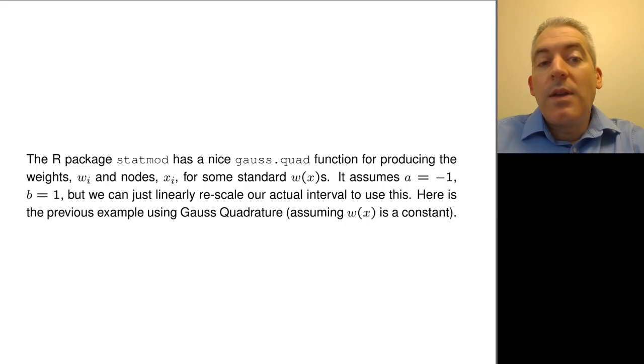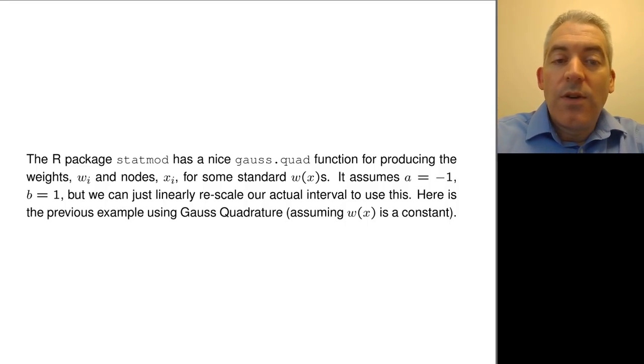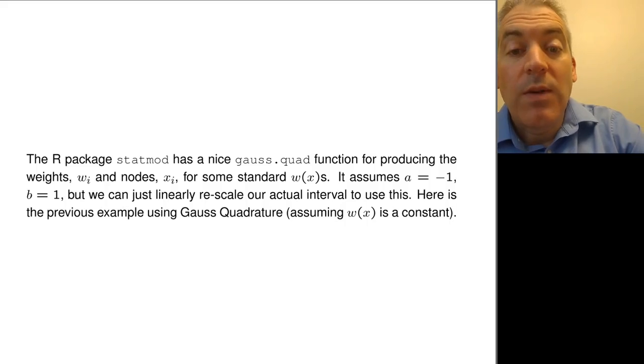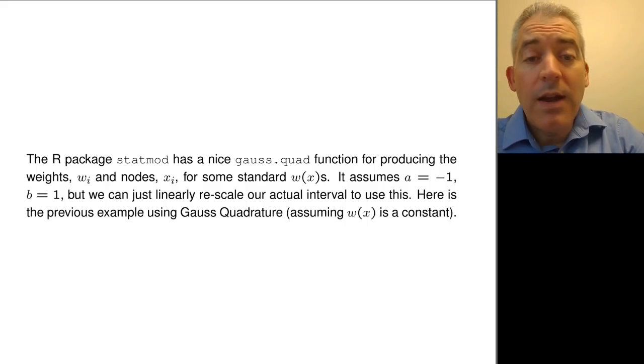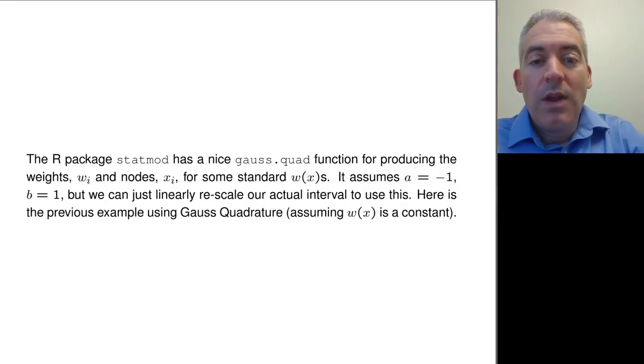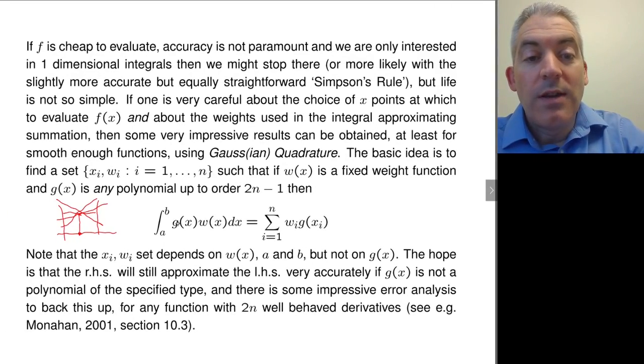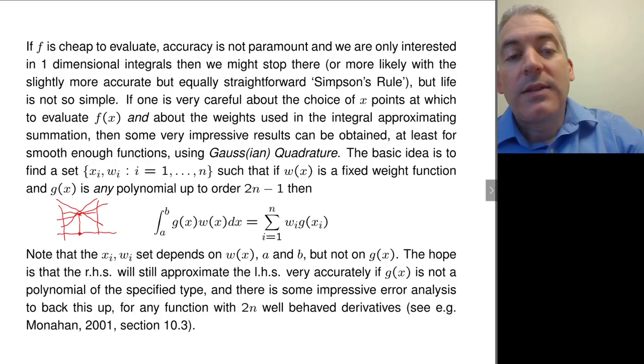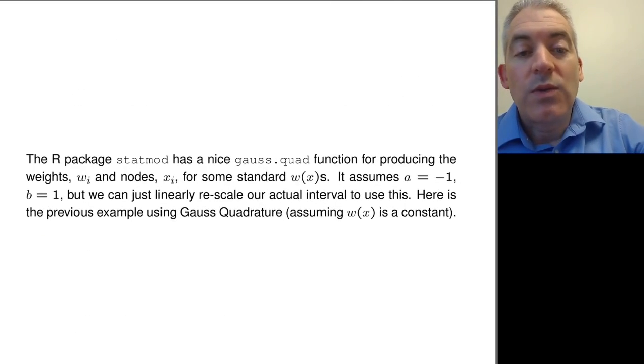But once we've got the weights and the nodes, then we can use them to actually carry out integrals using a very small number of function evaluations. And here, we're typically going to be assuming that our weight function is a constant. So we just want an integral of g. Okay, so we just want to integrate g over the interval a to b, and that's what we're going to use Gauss quadrature for.